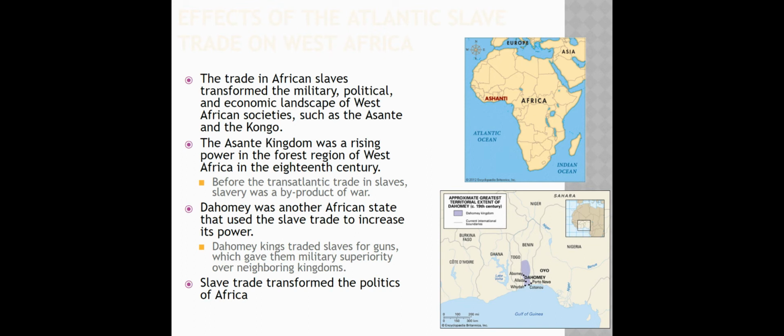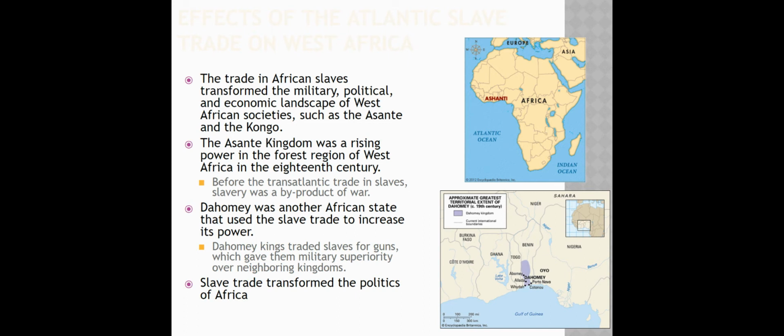One of the things that we will see, guys, as we continue going through the rise of slavery and the rise of the slave trade, is that some of these African kingdoms benefited from a military standpoint because they were able to expand. Again, we referenced the Asante Kingdom and Dahomey. The Asante Kingdom was a rising power in the forest region of West Africa in the 18th century.